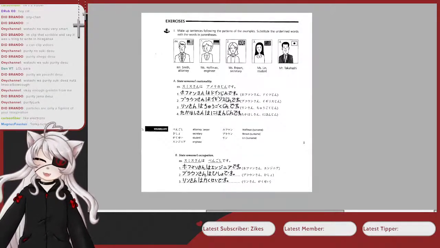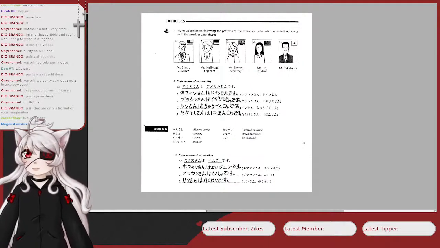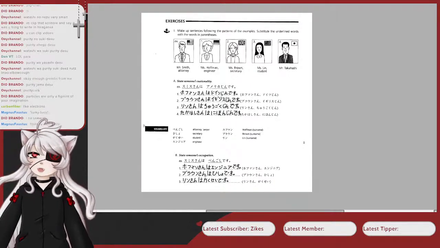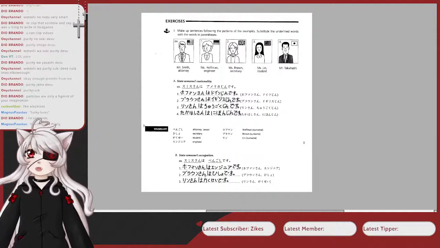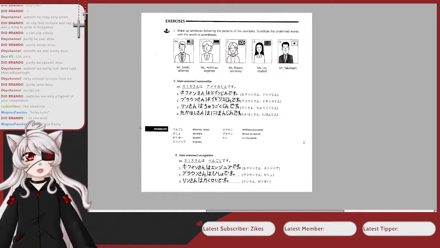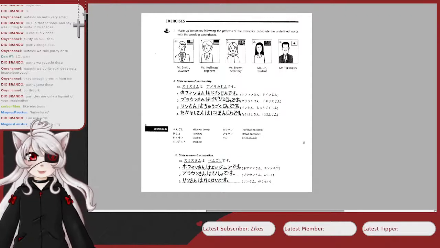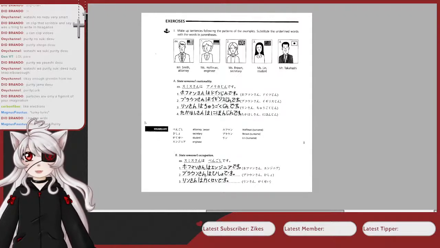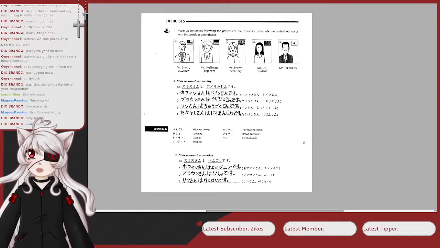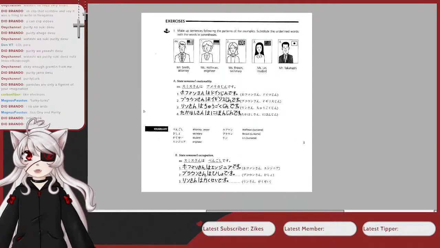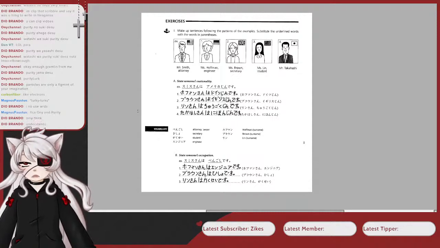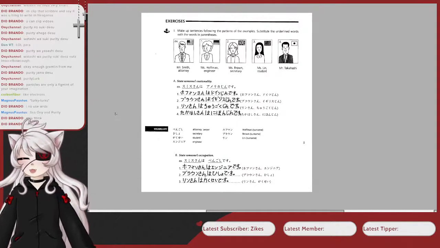Like electrons? Oh wait, no, but electrons aren't a figment either. Okay, you know what? You didn't use any particles there. I applaud you for managing to cut out every single particle from your English. Good job.